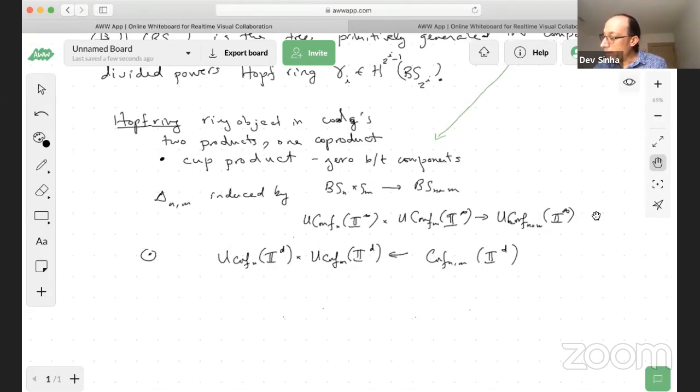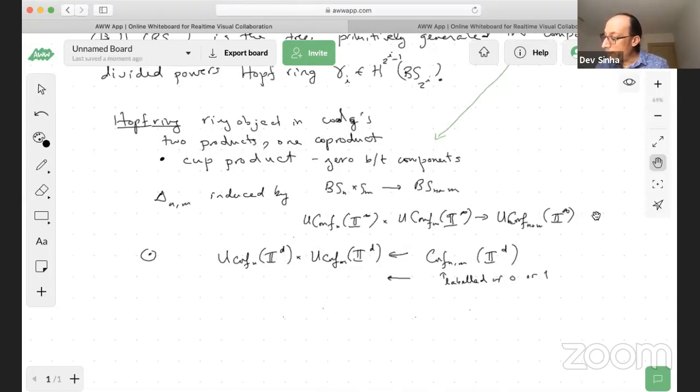So these are labeled with 0 or 1, say, and then the map down is forget the labeling.